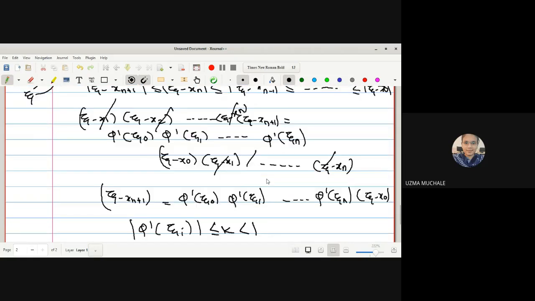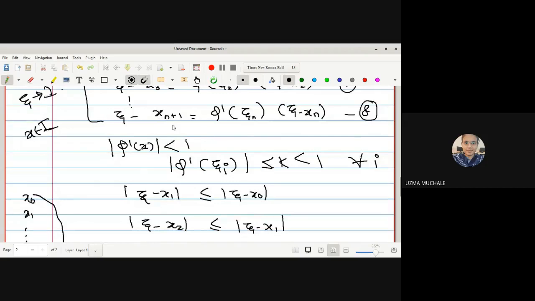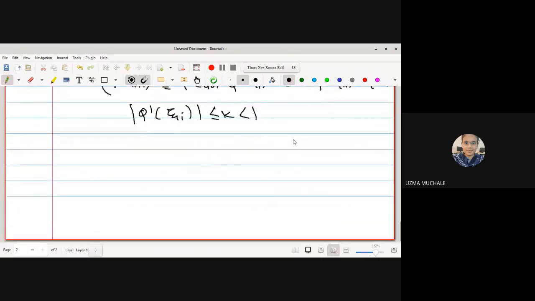This assumption we made from the given statement that phi dash of x is less than 1 for all x belonging to I.